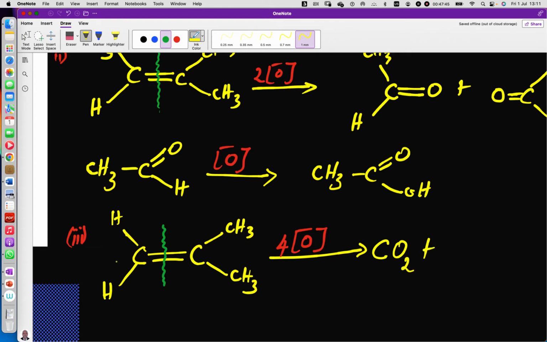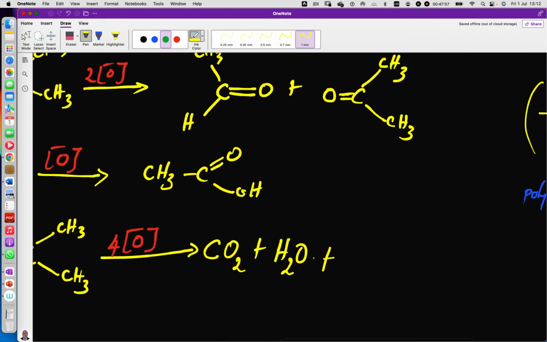The hydrogen will be converted to water. Then at this other end, since there are two alkyl groups, we will have a ketone. So that will be the product.